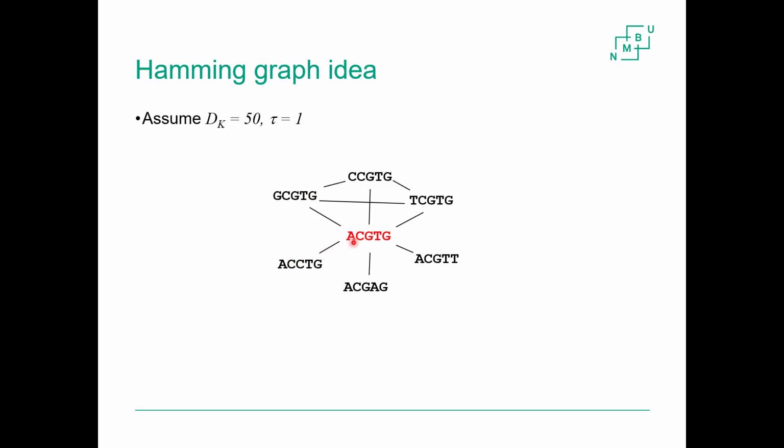But these will be connected, because they are not that different from the original. In this case, we draw the limit at 1, but you could draw it at 2 or 3. This depends on how long the k-mers are. But remember this: there is one central k-mer which is very frequently occurring, and the others are rarely occurring.